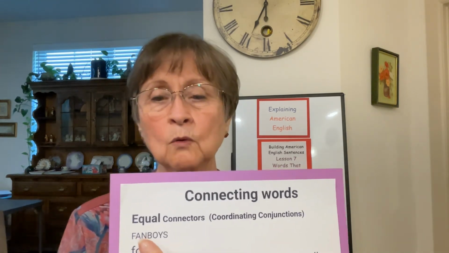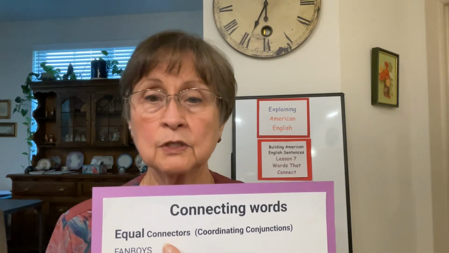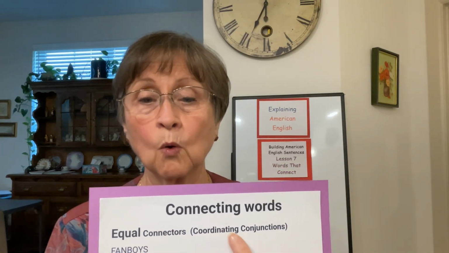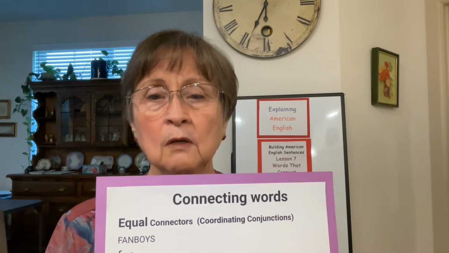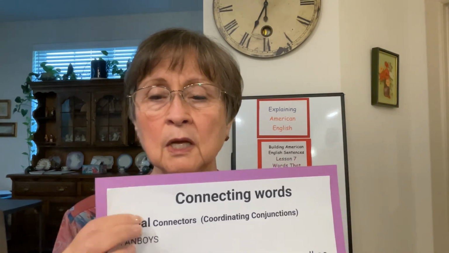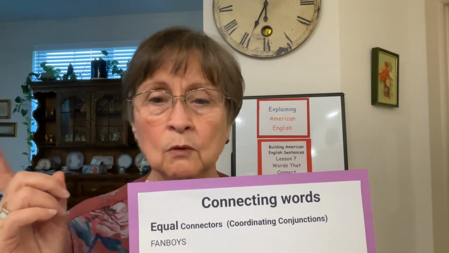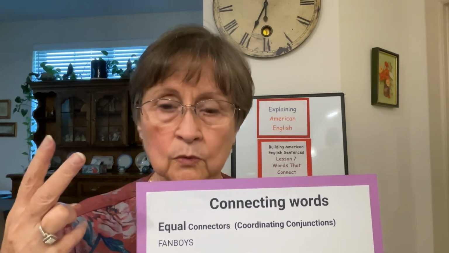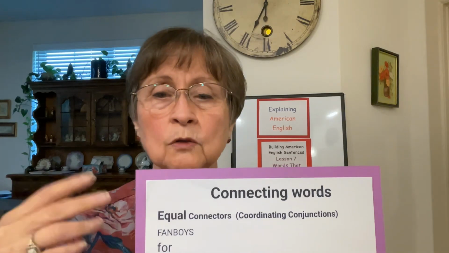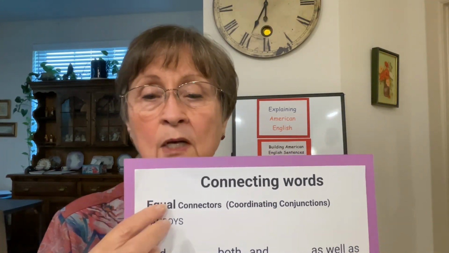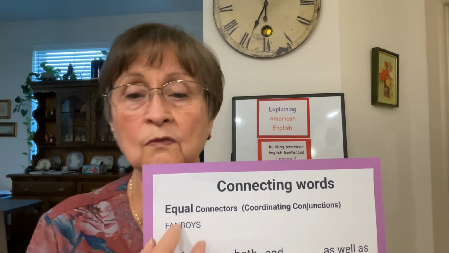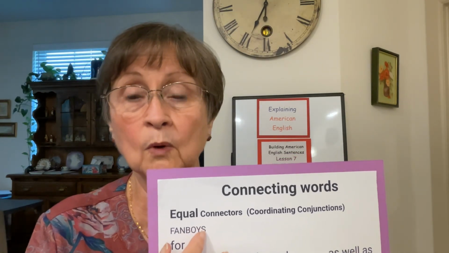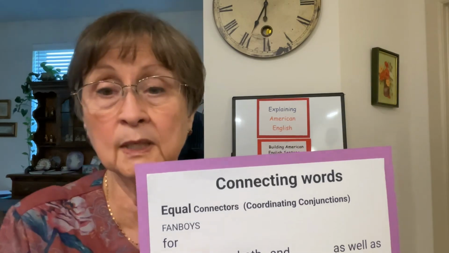Now there are equal connectors. If you study formal English, they will be called coordinating conjunctions, but I'm not teaching those formal vocabulary words. These are just equal connectors. I have equal and I have unequal connectors, which I will be teaching during this series. Now for the equal connectors, someone came up with the idea of using the word fanboys to remember what they are, because there are not very many of them.